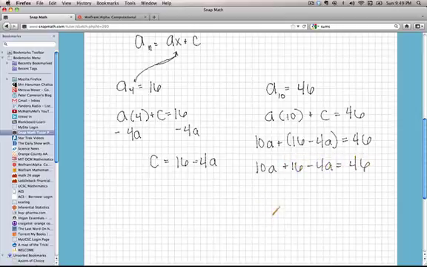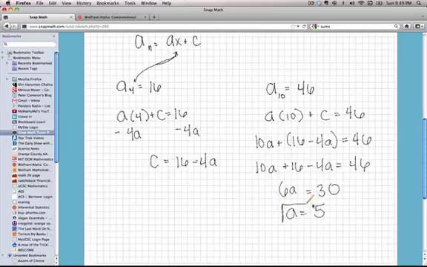I'm going to combine like terms so that I get 6A on the left-hand side, and I end up with 30 on the right-hand side because I subtracted 16 from both sides. I'm going to divide both sides by 6 to get A equals 5.